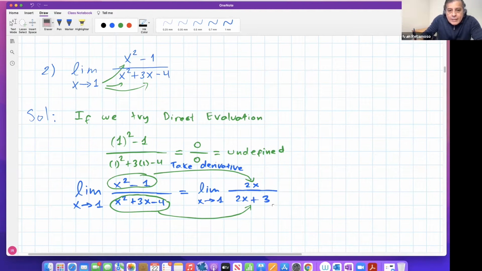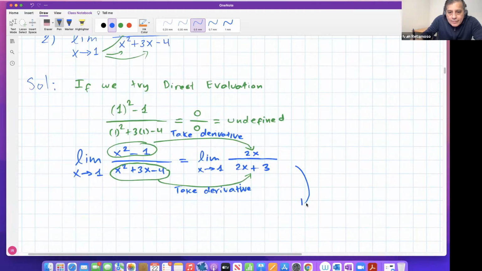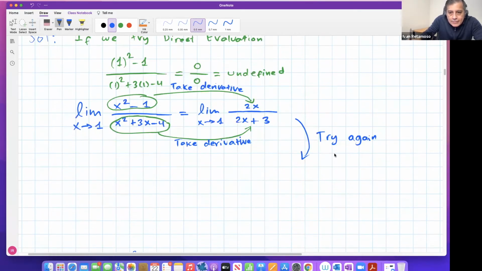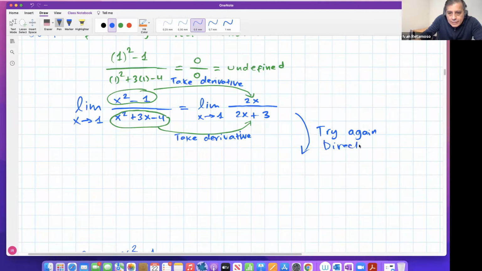Now the goodness of this, guys, is that once you take derivatives, L'Hopital promises the following: it will work now, the direct evaluation, you will see. Now try again, direct evaluation, or direct substitution. So put in the 1 here, the 1 here.